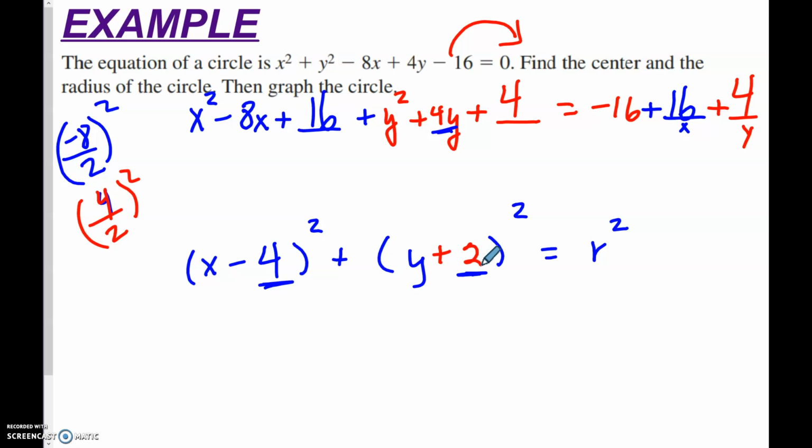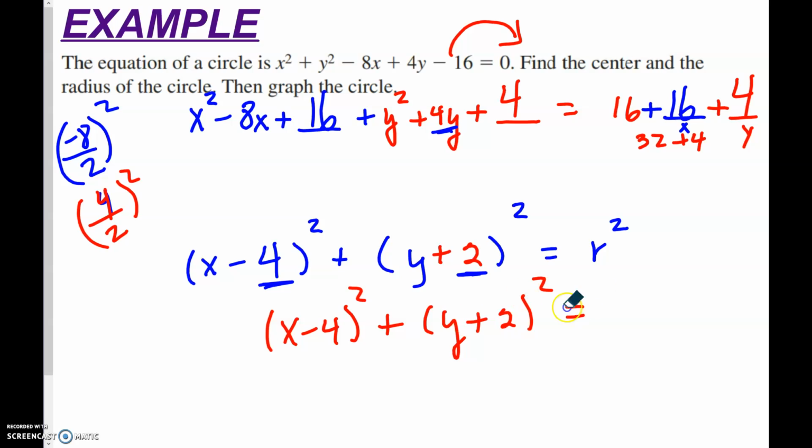And so now over here, oh, when I move that negative 16 over, I see I made a mistake here. I need to erase this, because when I put it on the other side, that should have been a positive 16. All right, so 16 plus 16 is 32 plus 4. So it looks like I am getting x minus 4 quantity squared plus y plus 2 quantity squared equals, and over there I got a 36.